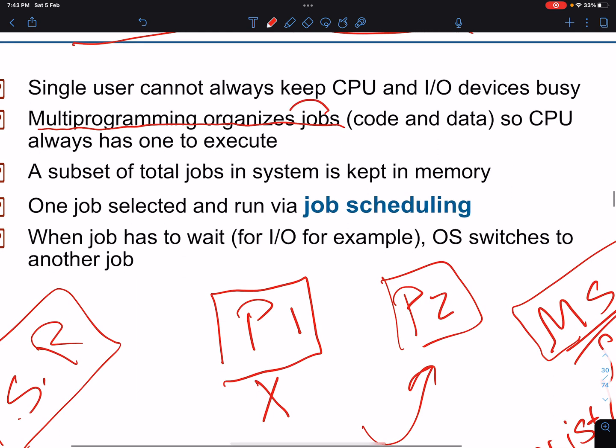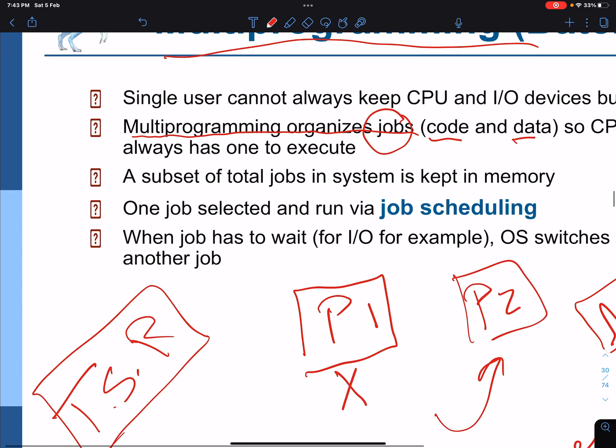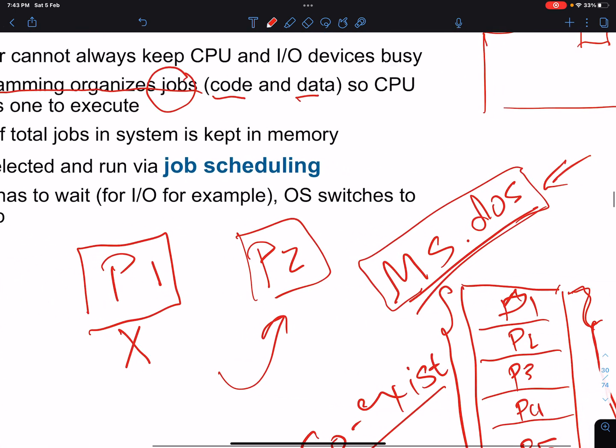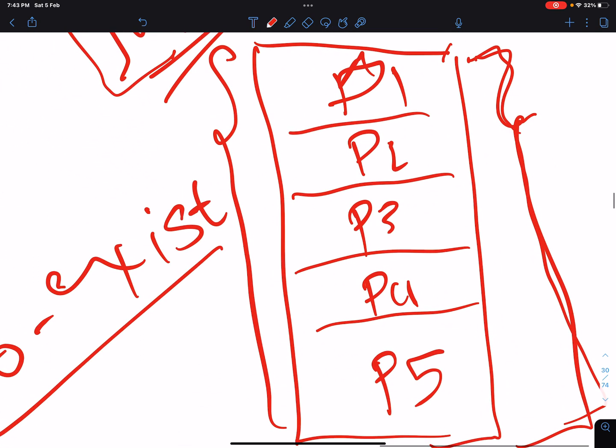What is a job? A job is code and data combined together. This way, the CPU always has one to execute.